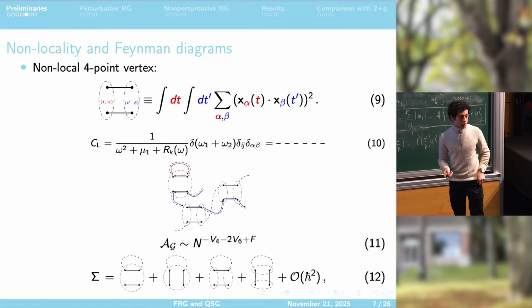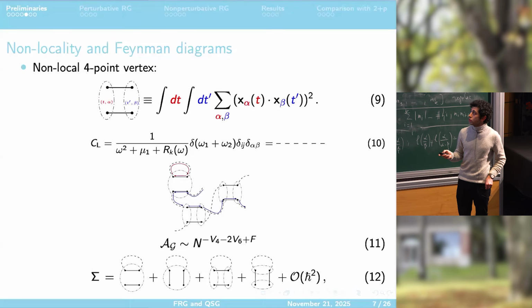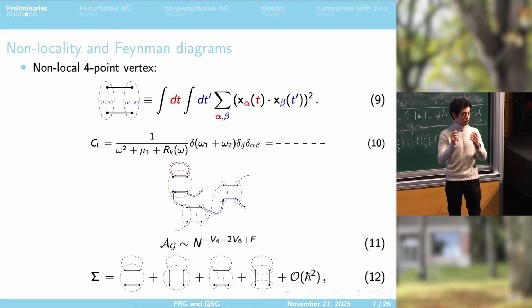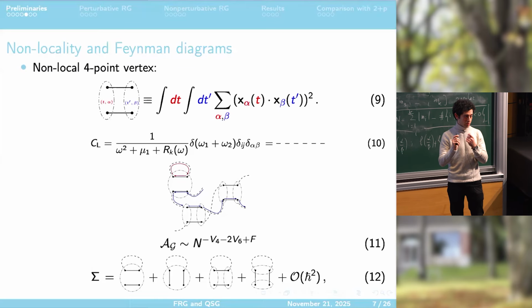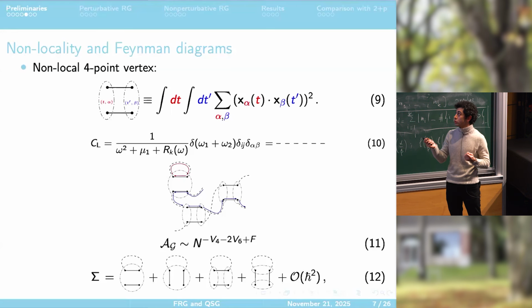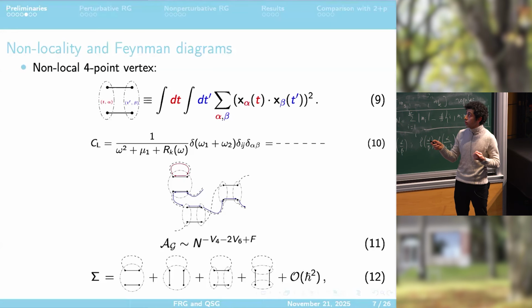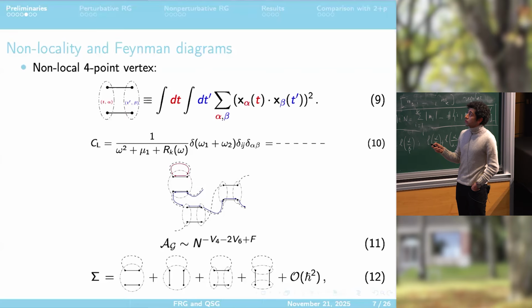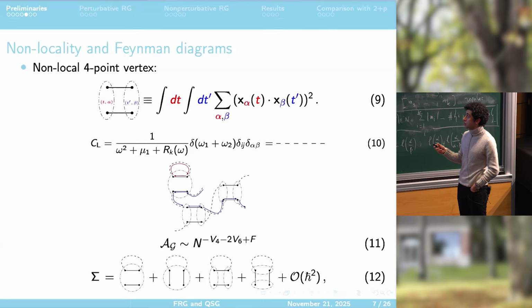There are 2 summations, so we sum over both of them, and there are also 2 integrals. So you see there is this implicit correspondence between time and replica indices: we sum over both replica indices and we integrate over both times. Then we have our bare propagator, which is totally diagonal, and we draw it as a dotted line.